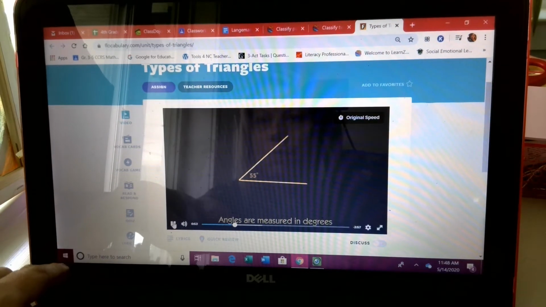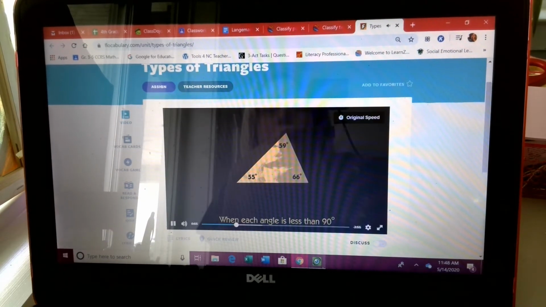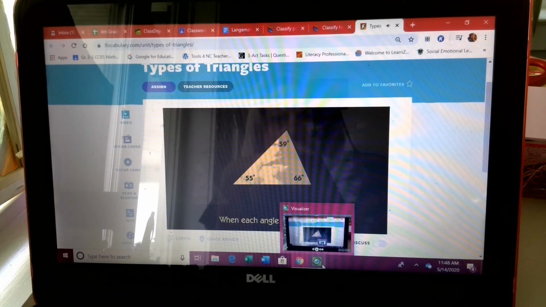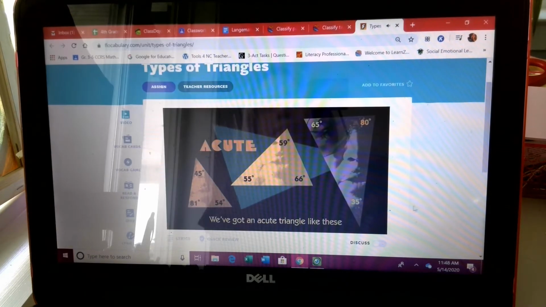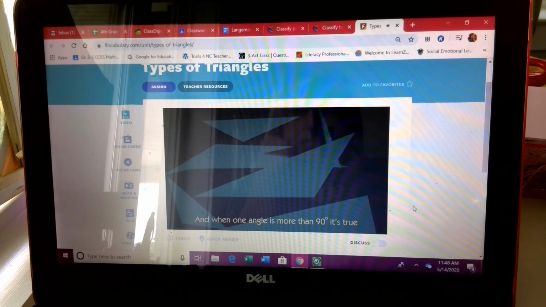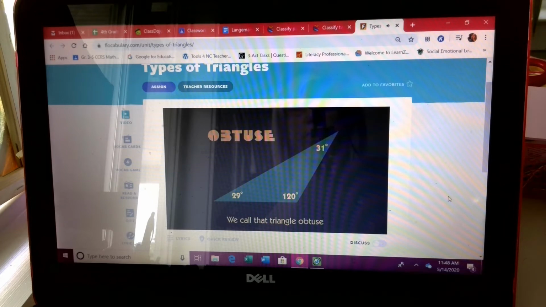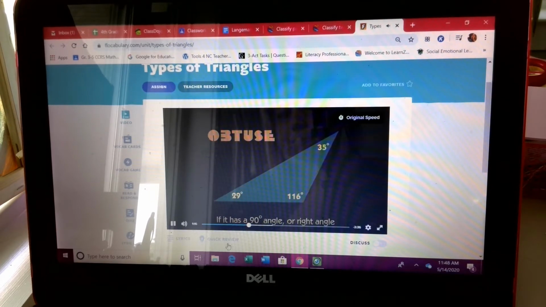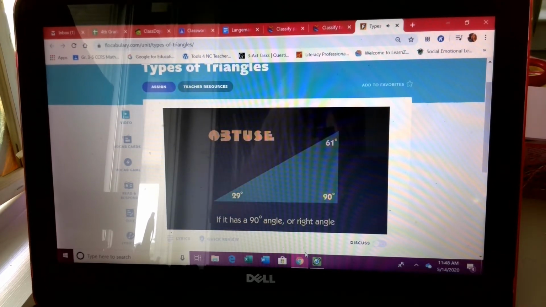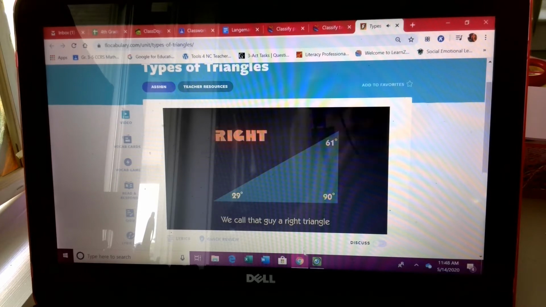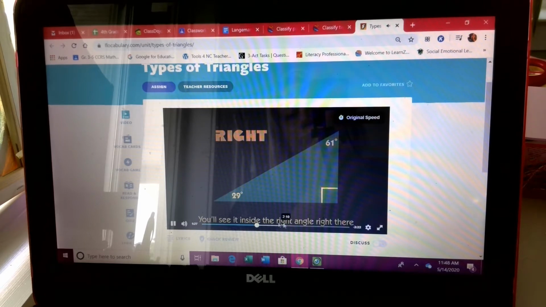Hopefully you've already seen it. When each angle is less than 90 degrees, we've got an acute triangle like these. And when one angle is more than 90, it's true. We call that triangle obtuse. The longest side is always opposite the largest angle. You can be confident if it has a 90-degree angle, a right angle, we call that guy a right triangle. You can spot it because of the little square. You'll see it inside the right angle right there.